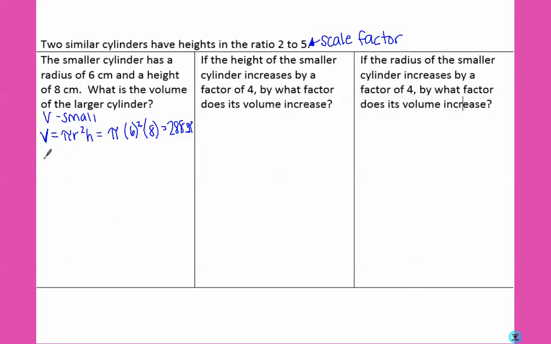Think back, we need to deal with scale factor to find our area ratio and our volume ratio. If our scale factor is 2 over 5, remember for our area ratio, we square each of those, so 4 over 25. And to get our volume ratio, we would cube these, so we would get 8 over 125.